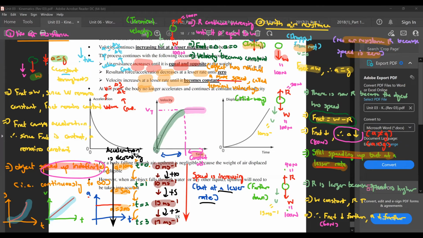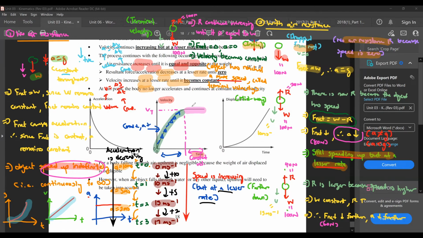Okay, you see here, your velocity is actually increasing, but each time it seems to be increasing less and less. You see, the gradient is becoming less and less, right? And you know that the gradient of your velocity time graph is your acceleration. You can see here, gradient drops, acceleration is dropping.